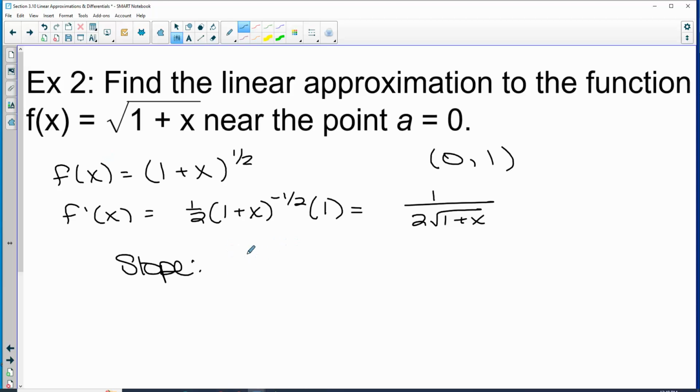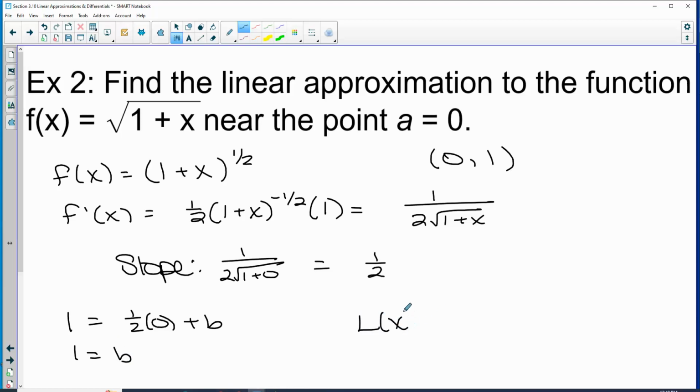So your slope, if we plug what value in? Equation of a line, y equals mx plus b, so our y-intercept is 1.